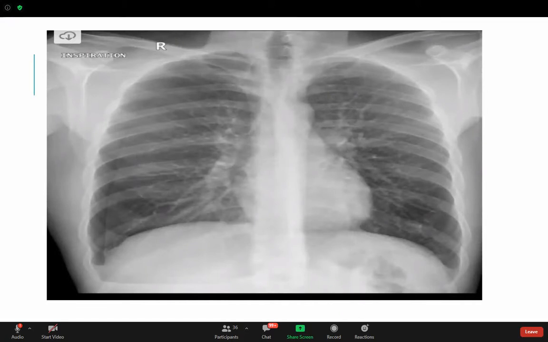What are the differential diagnoses crossing your mind? Okay, I will give you guys a clue. This might be a life-threatening situation. So recognizing the abnormality in the X-ray may save a life and may facilitate an early intervention.